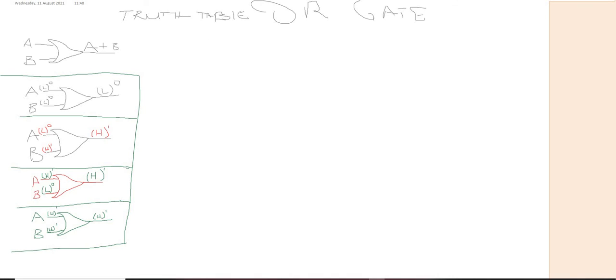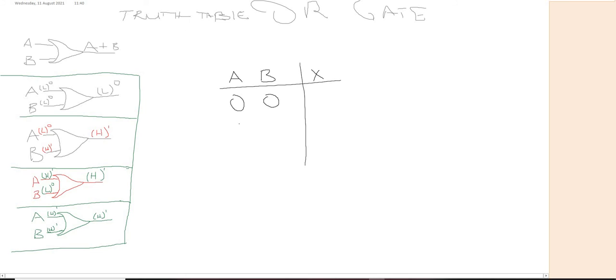So now we are going to draw the truth table. The truth table will be like this. We've got 0, we've got 0, we've got X as the output, right?